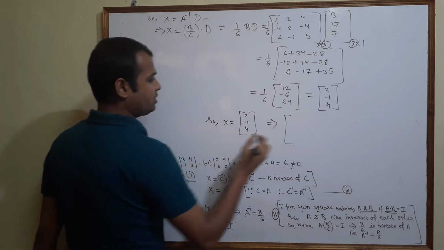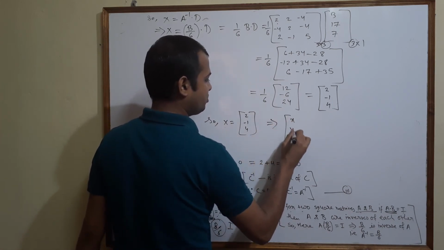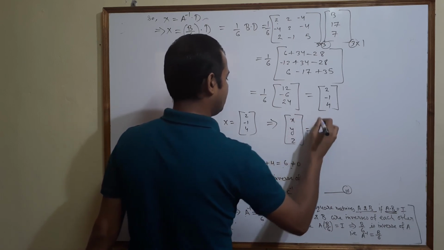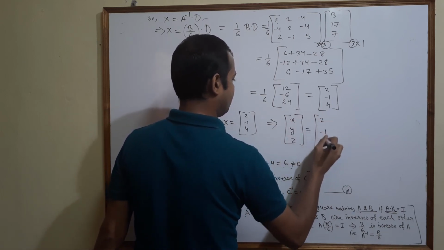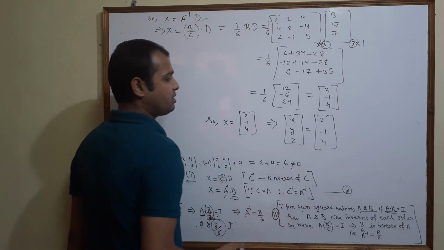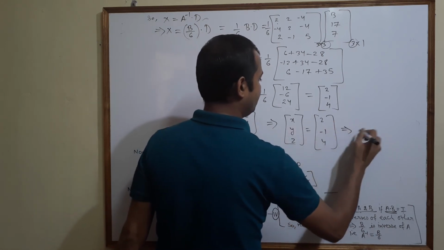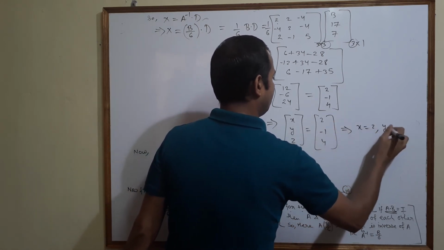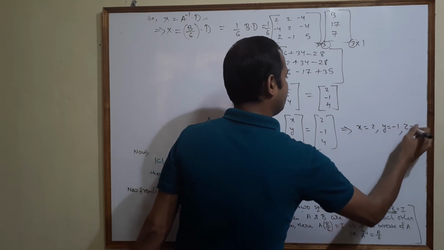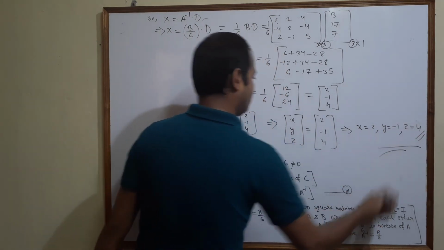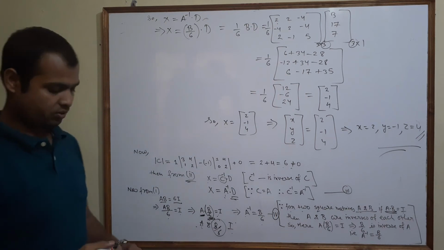This implies, you know what X is? X is this: x, y, z. Both the matrices are the same, so corresponding elements are equal. So x equal to 2, y equal to minus 1 and z is equal to 4. So this is how we are going to solve this type of questions.